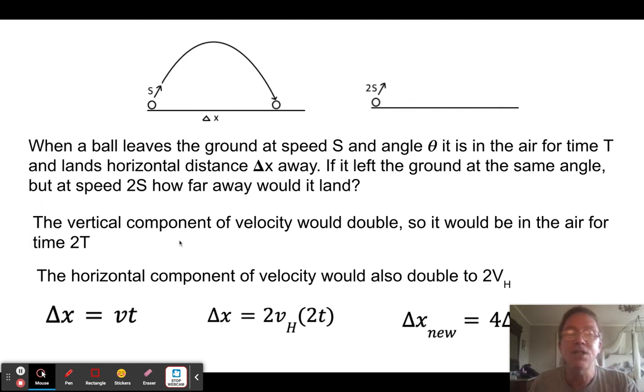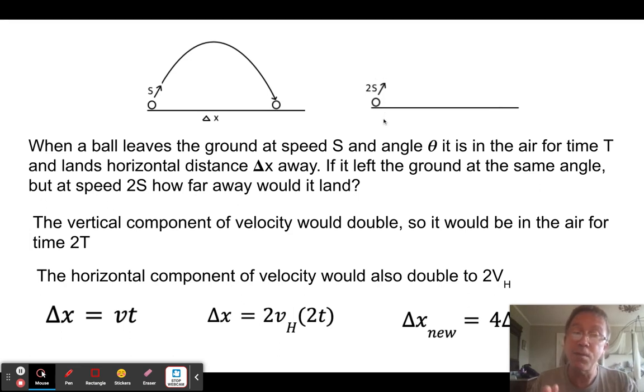So the distance it travels horizontally is equal to v times t. Let's say the vertical velocity was 30. It would go up for 3 seconds and down for 3, so it'd be in the air 6 seconds.